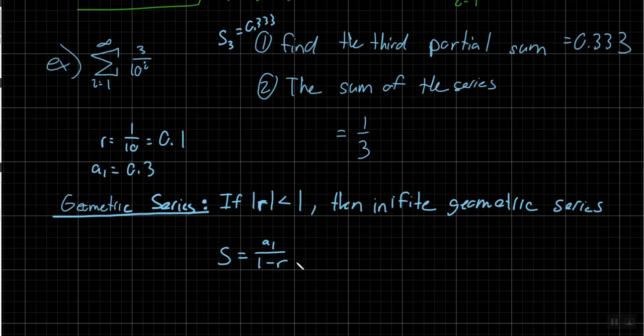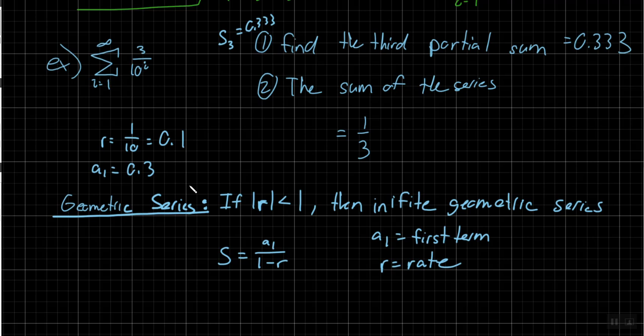A1. So what does A1 mean? A1, yep, is the first term. And r is our rate. So we're kind of jumping ahead. A good thing to remember: a geometric series is most of the time going to have an exponent.